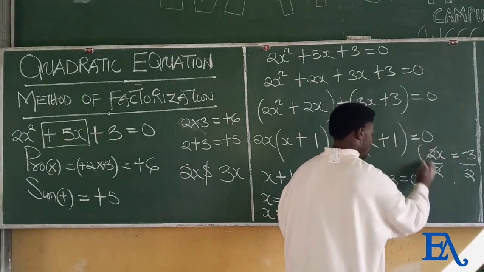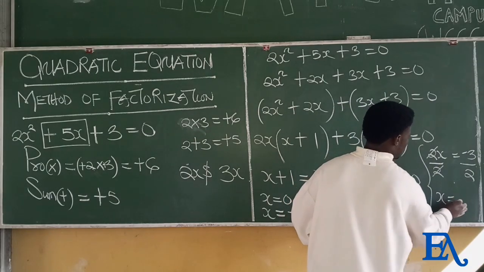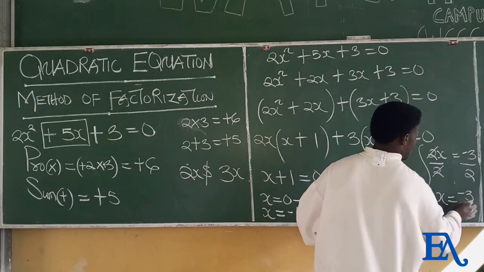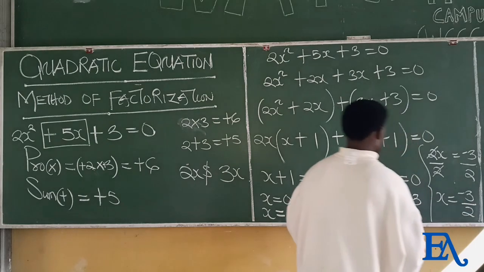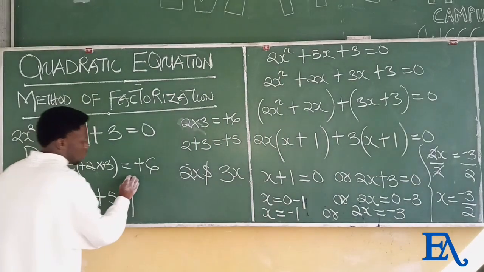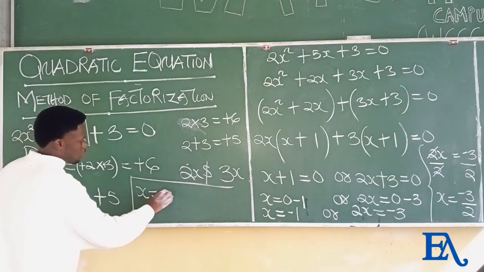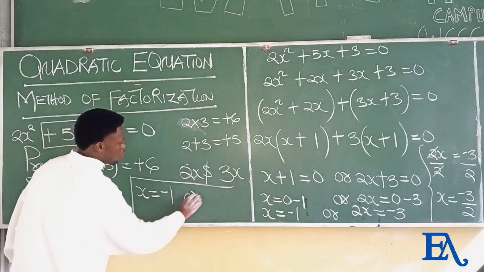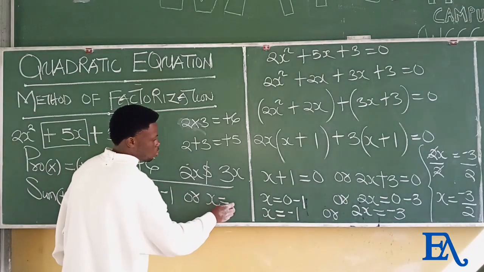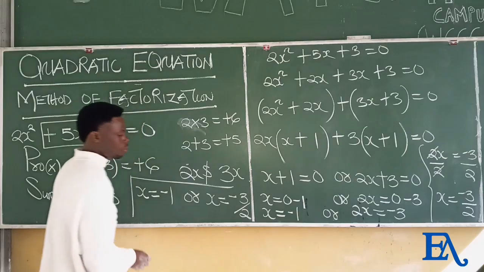Therefore, x is equal to minus 3 over 2. Therefore, the final result is x equals minus 1 or x equals minus 3 over 2.